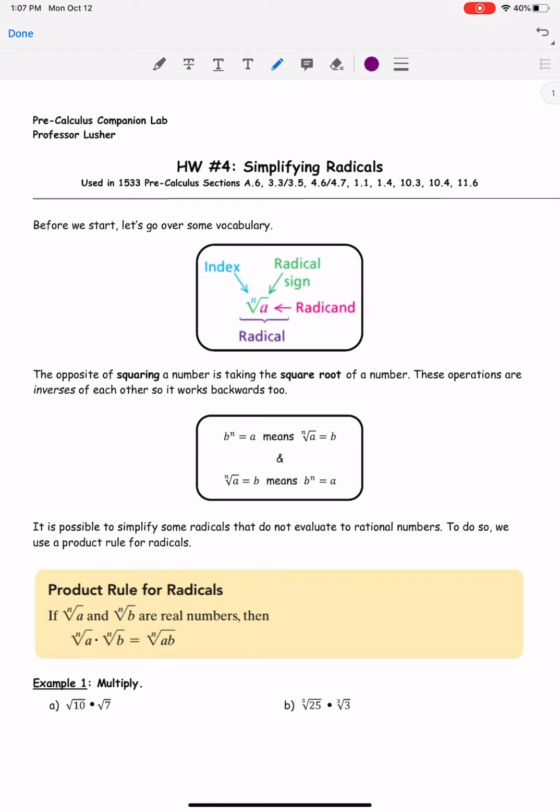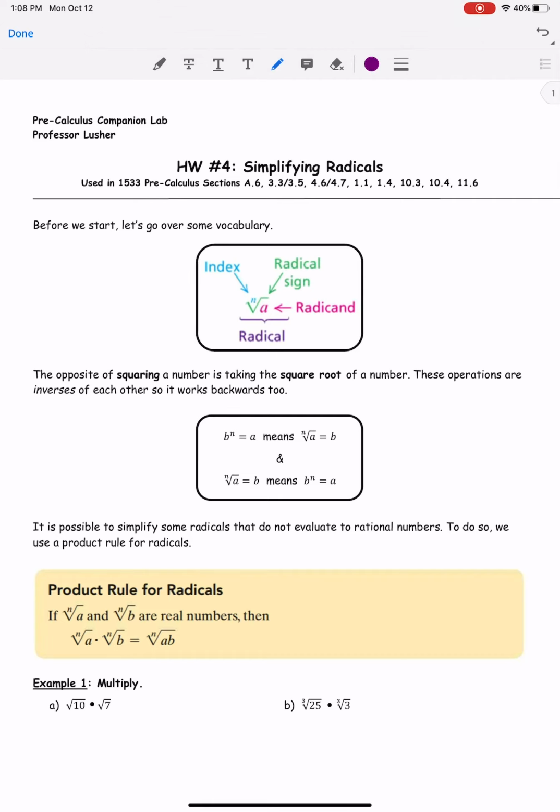Now, we need to know about square roots because just like addition and subtraction are opposite operations, multiplication and division are opposite operations. The opposite of squaring a number is to take the square root of a number. That's what this is showing you, that they work backwards.